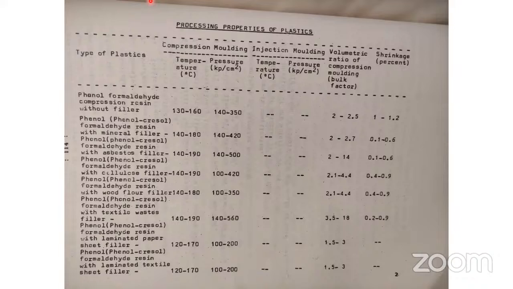But the filler, if you see, is 25 rupees per kg. If you add some filler, maybe 10%, 20%, you are saving the polymer cost. And that's why you are able to sell the product at a higher cost in the market. You can get the benefit.